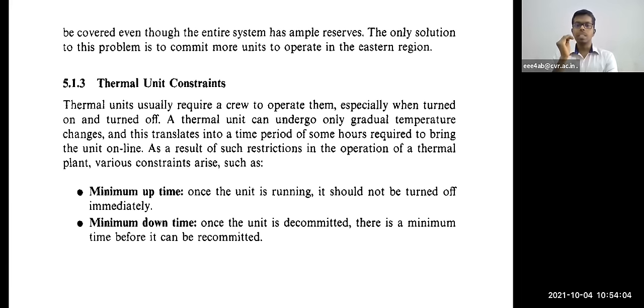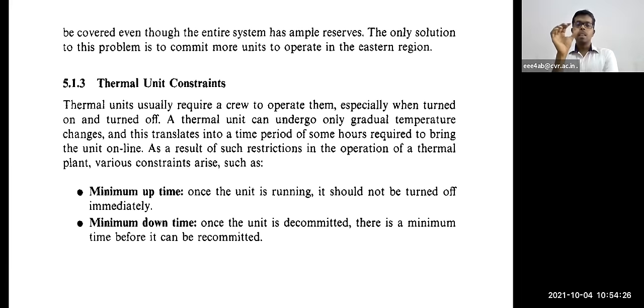As a result of such restrictions in the operation of a thermal power plant, various constraints also arise. One such constraint is the minimum uptime constraint. What the minimum uptime constraint says is that once the unit is running, it should not be turned off immediately. Why?